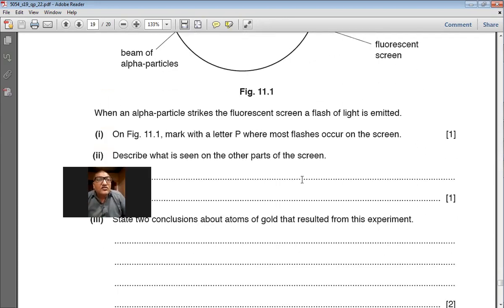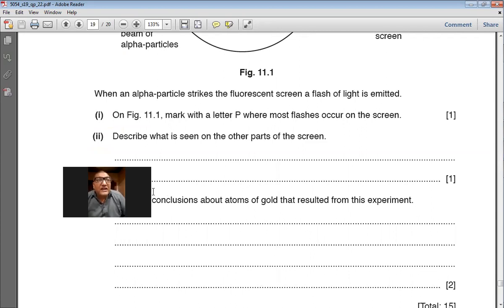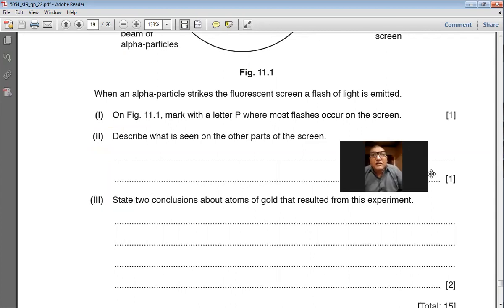When an alpha particle strikes the fluorescent screen, a flash of light is emitted. On figure 11.1, mark with the letter P where most flashes occur on the screen.